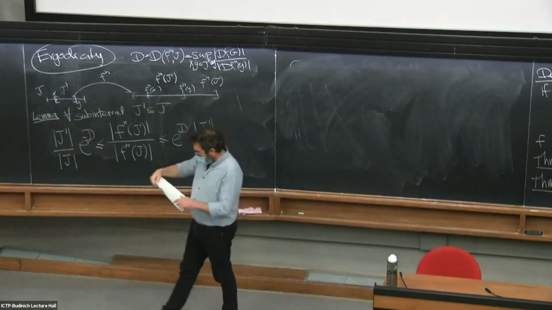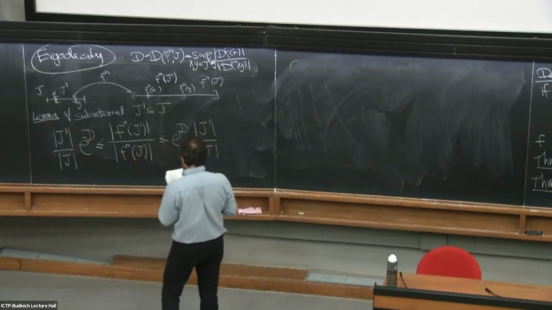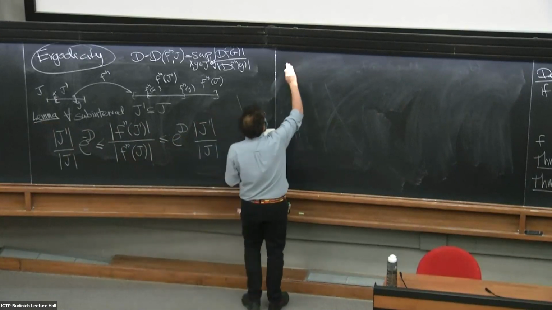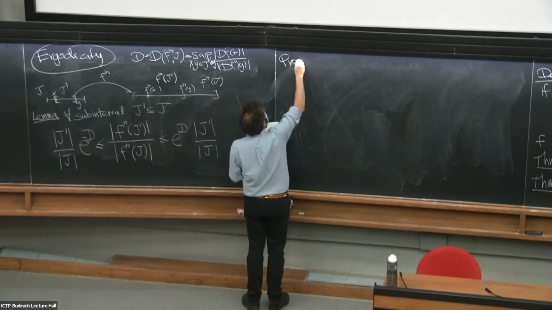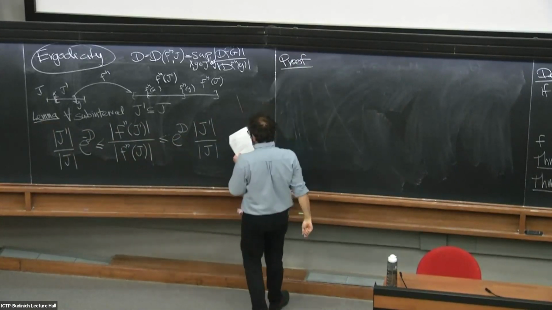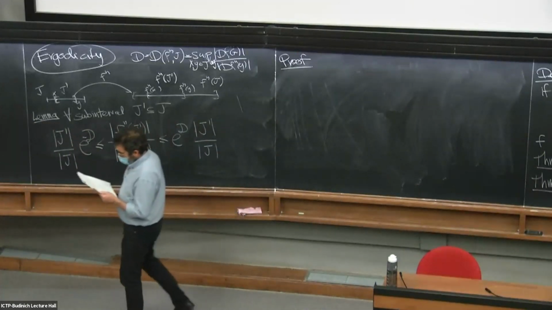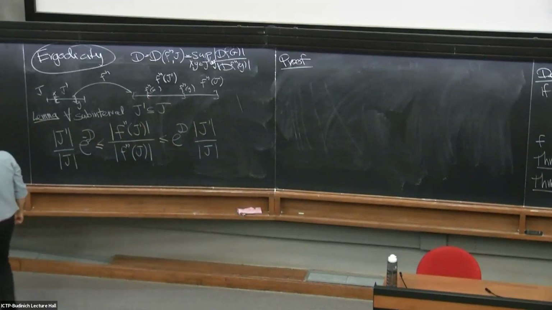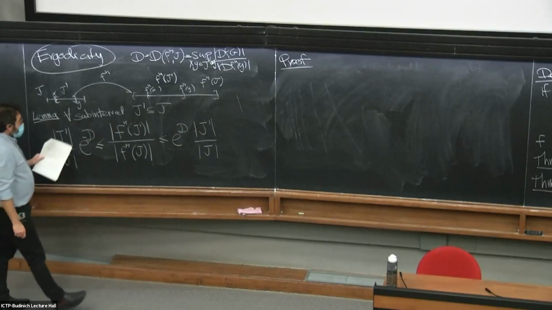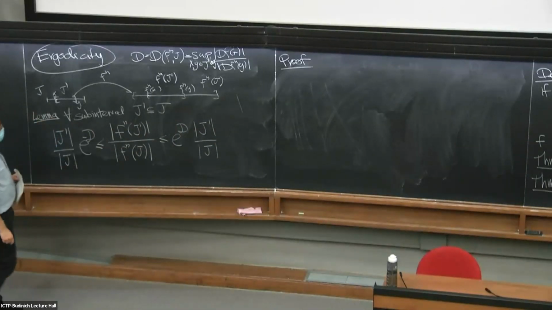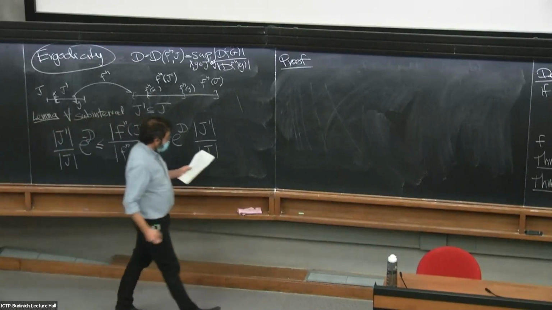So let me sketch some of the steps. The proof of this is actually very easy. As you expect in one of these situations, you're comparing intervals with their images, so you use the mean value theorem.